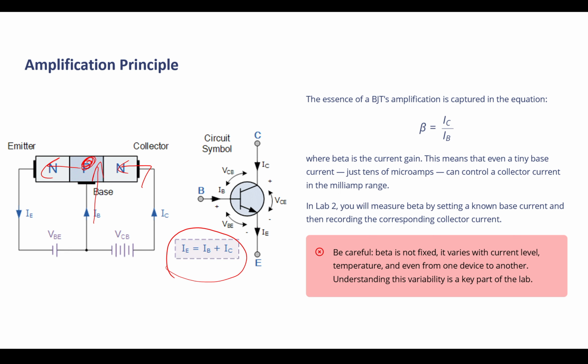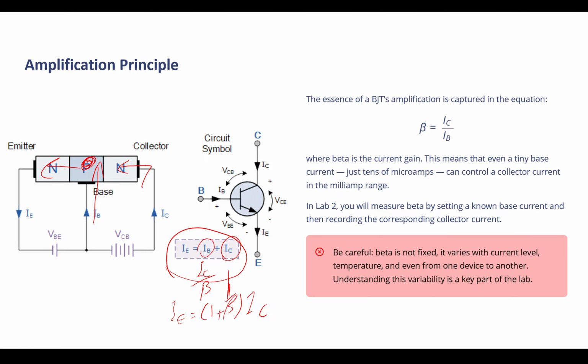Because we said IC is beta times the base current. That means the base current is actually the collector current over beta. So basically, IE is 1 plus 1 over beta, times IC. Sorry, correct.